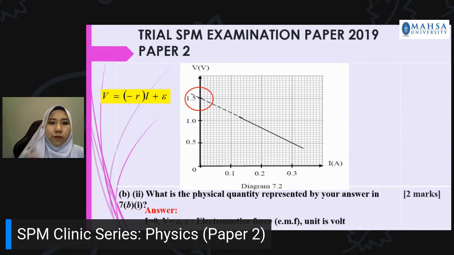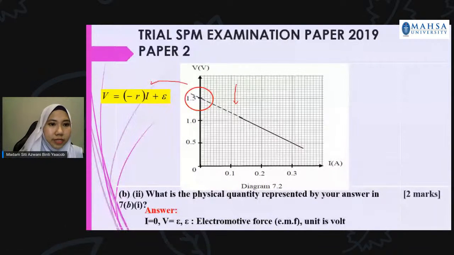Remember that on this graph of voltage versus current, you have a straight line representing the equation V equal to negative Ri plus E. Mathematically, you can see the equation is y equal to mx plus c.